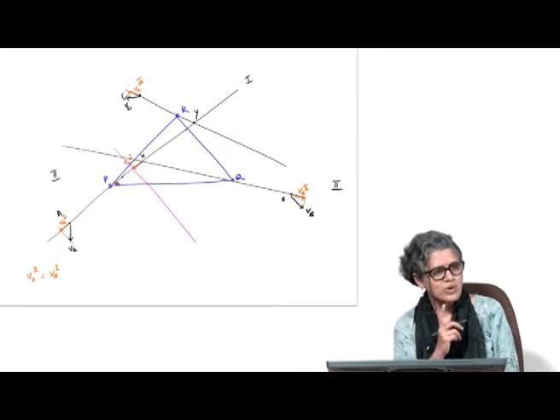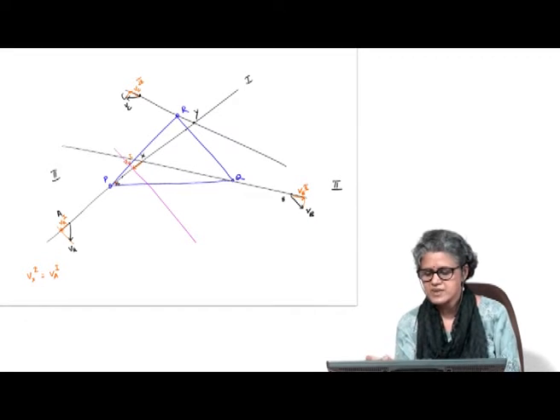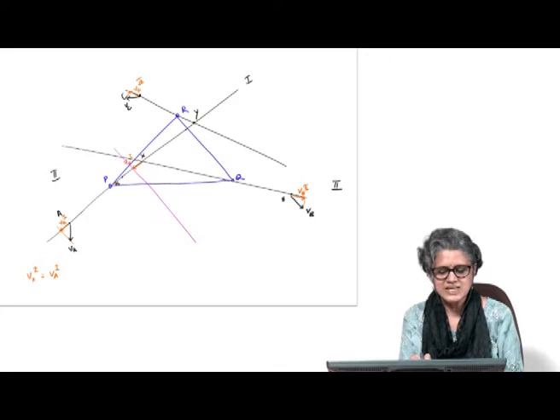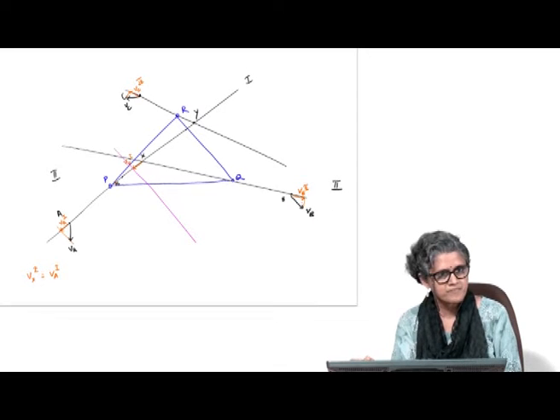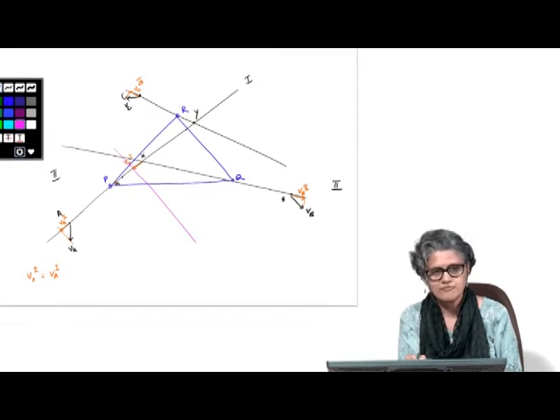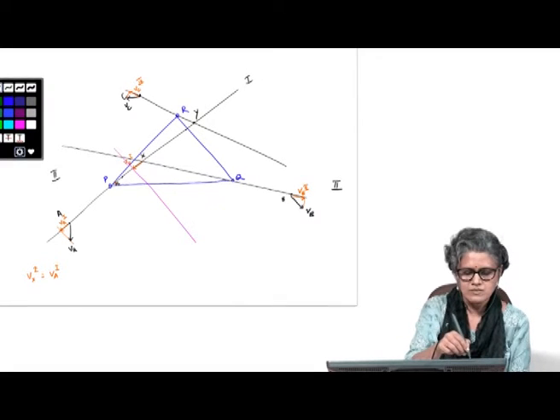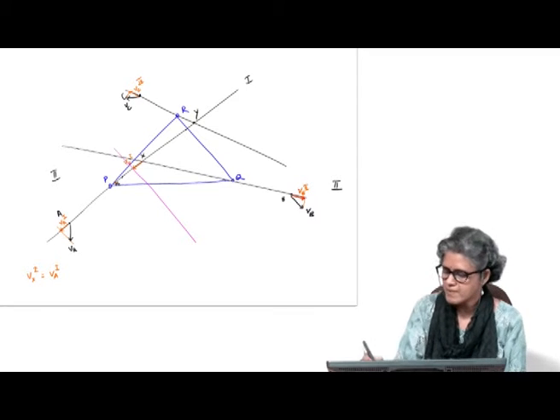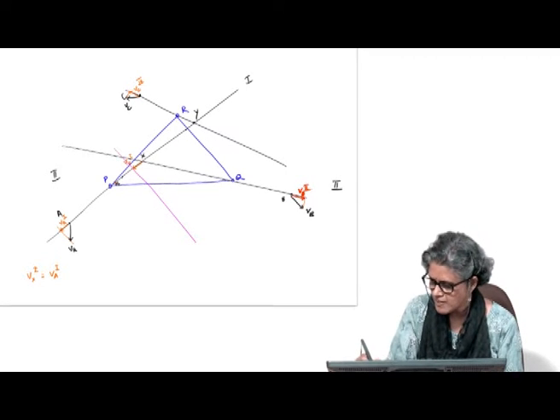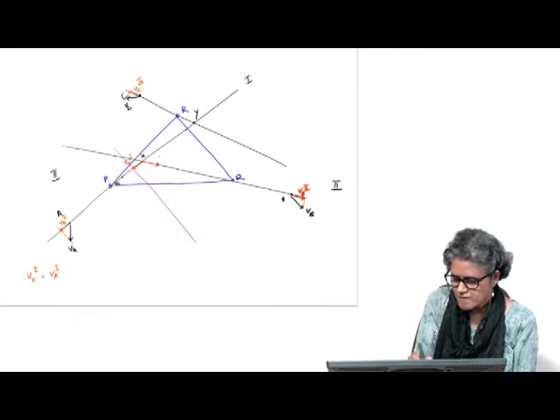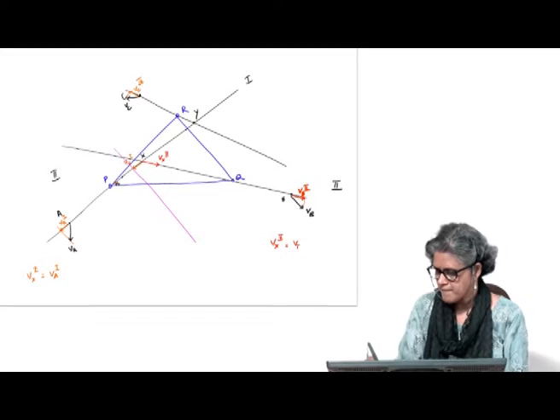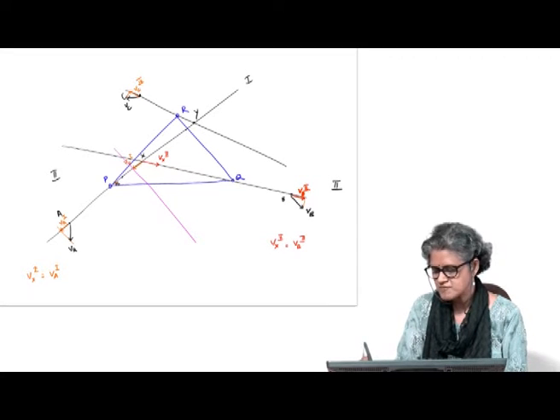I need one more component. Because x lies at the intersection of 2 auxiliary lines, if I look at line 2, I do know another component of velocity here. So this is VB along 2, then the velocity of x along 2 equals VB along 2.